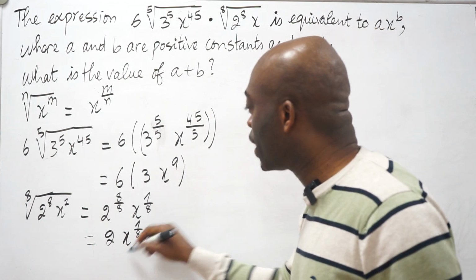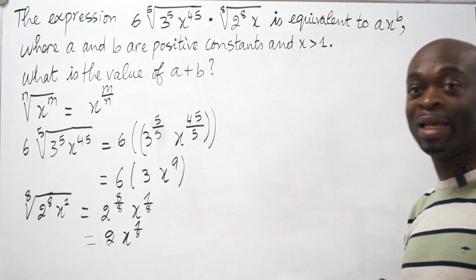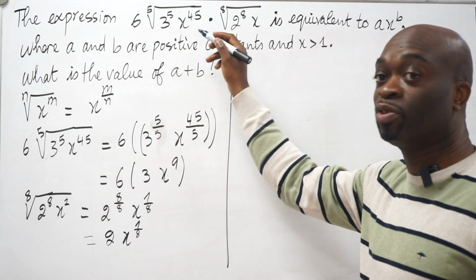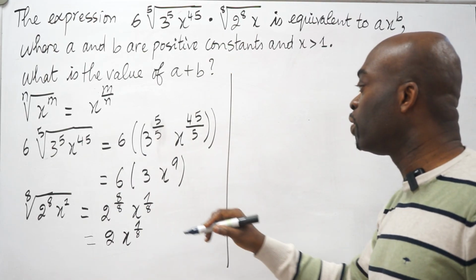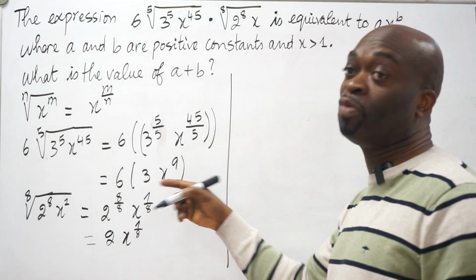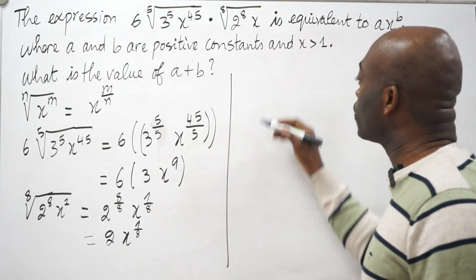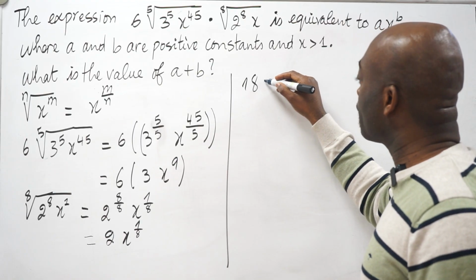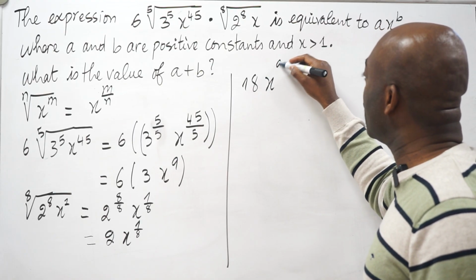So these are the two expressions that we multiply together, right? Because there's a multiplication between the two of them. So we can also multiply 6 by 3, which is 18. So that's the same thing as saying we have 18 times x to the power 9.